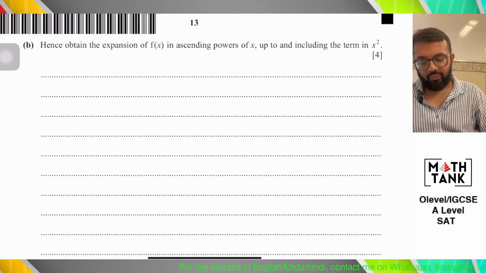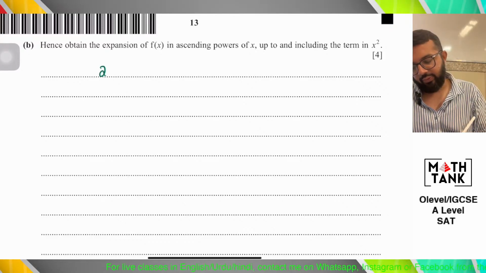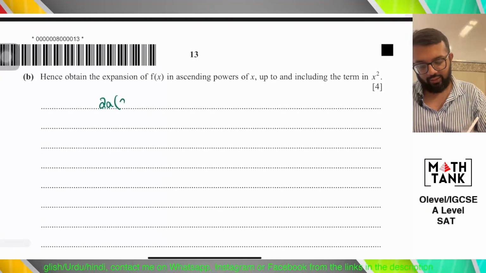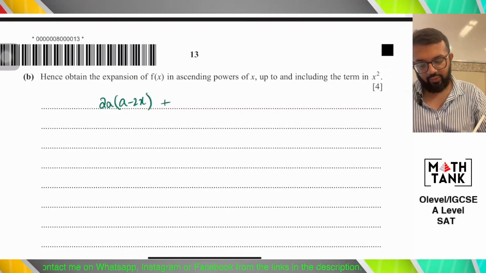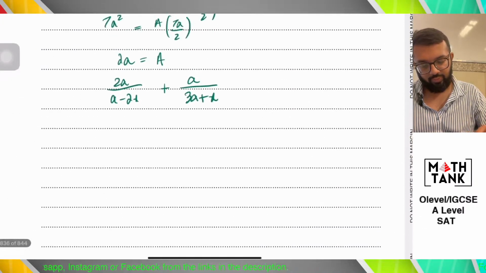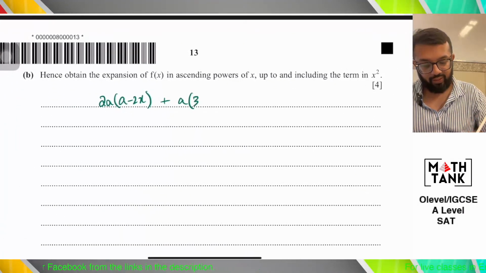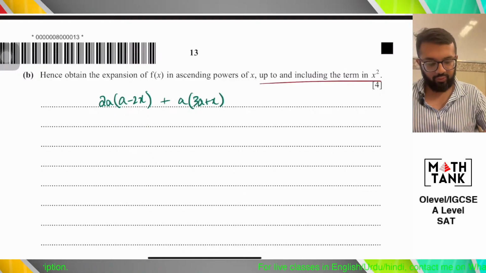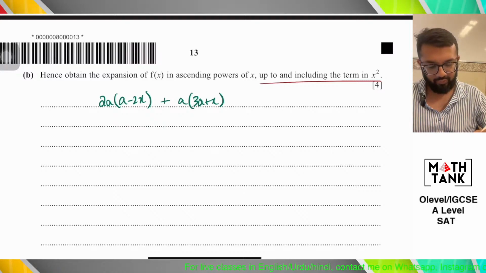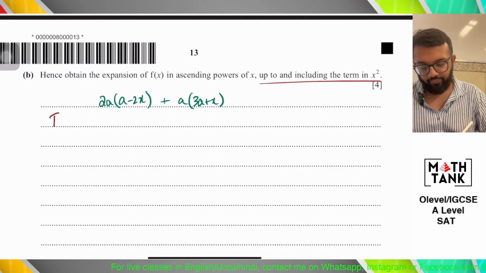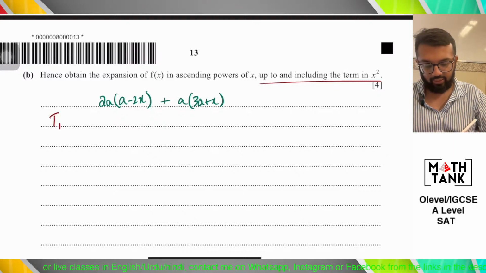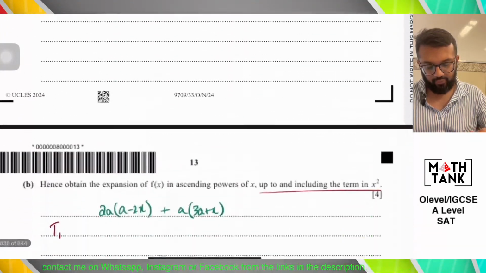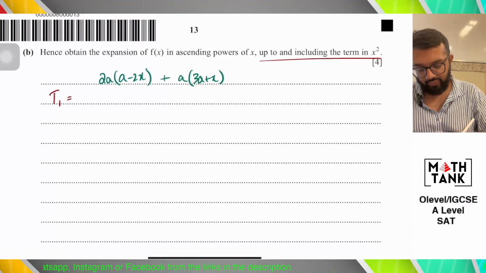Hence obtain the expansion in ascending powers of x. Okay, so 2a into a minus 2x, and a into 3a plus x. Now, this is going to be very confusing because there are lots of terms to take care of, up to and including the x squared term. So both of these expansions have to go up to 3 terms. So x has to be the second term in the bracket. That's true for both of the expressions. Okay, so term number 1 is the first term.